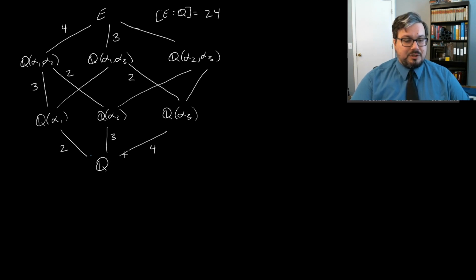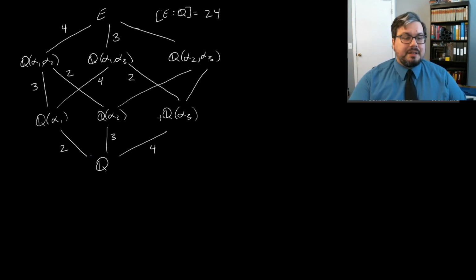If we go from Q to Q(α3) to Q(α1, α3), we can see that the total degree of this extension is 8 because we've got 4 and then 2. Their product is 8. If we go the other way from Q to Q(α1) to Q(α1, α3), that product should also be 8. We've already got 2 from Q to Q(α1), so going from Q(α1) to Q(α1, α3) should have degree 4.